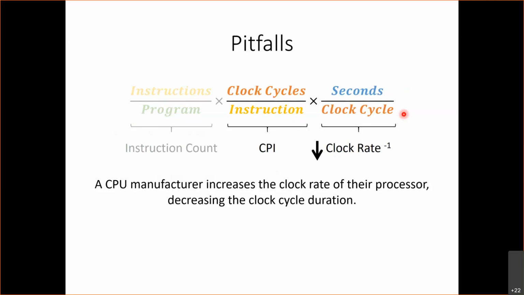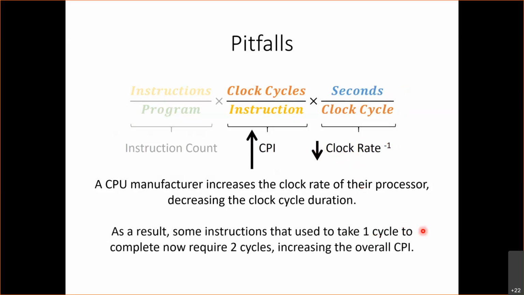However, because of this, now every cycle takes less time. Some instructions which used to take one cycle could no longer be executed in one cycle, because the cycle is shorter now. So some instructions that used to take one cycle now need 2 cycles to complete.